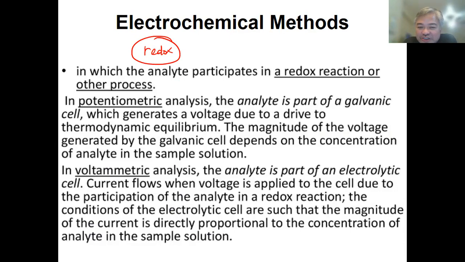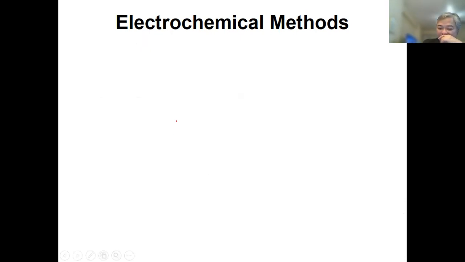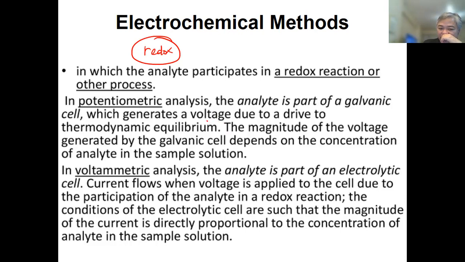So, meron kang potentiometric analysis kung saan yung analyte mo is part of the galvanic cell. So, sa potentiometric analysis, nag-generate ka ng voltage due to a drive of the thermodynamic equilibrium. So, yung voltage na synonymous doon sa potential. So, yung amount ng voltage mo depends sa concentration ng analyte.